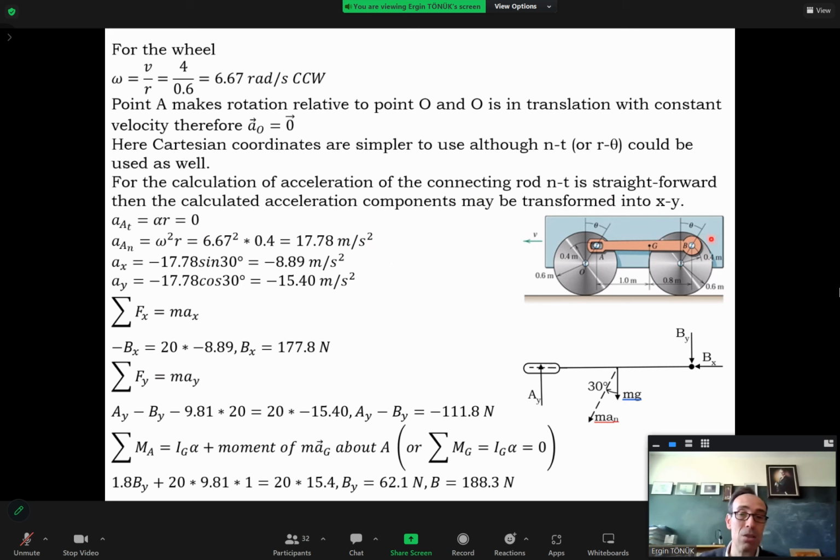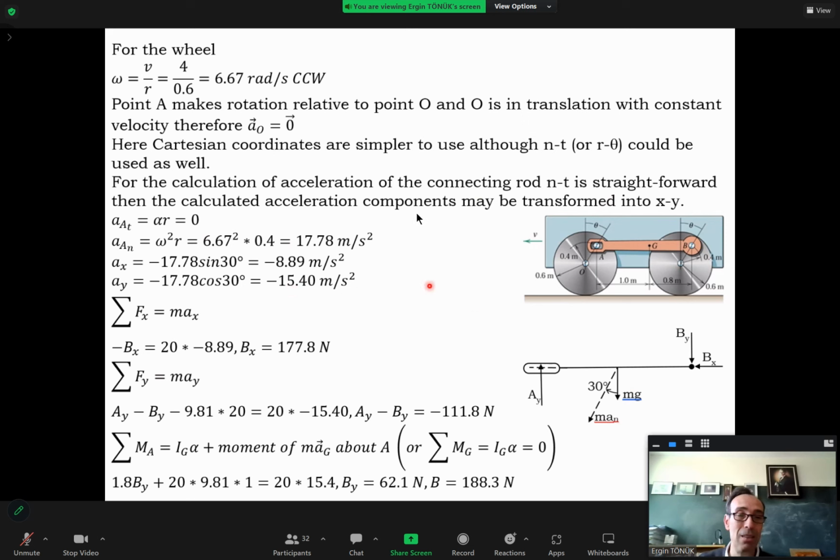And it is towards the center. Now, I know theta, it is 30 degrees. So after obtaining this acceleration, I can convert it into Cartesian components where x is horizontal, y is vertical. And as you see, this is the normal direction for theta equals 30 degrees. So this times cosine 30 would be the y acceleration downwards, which is this.